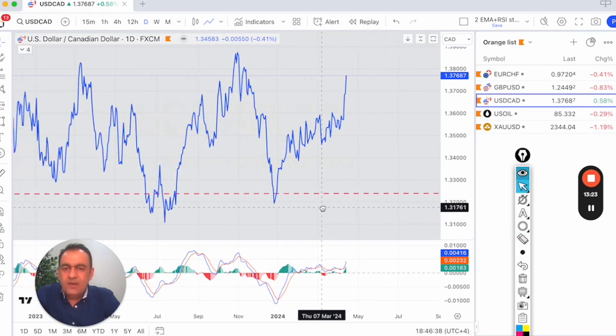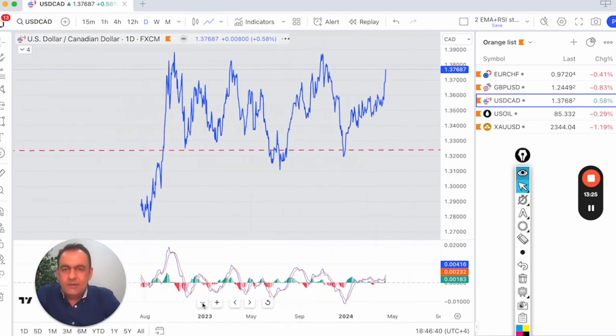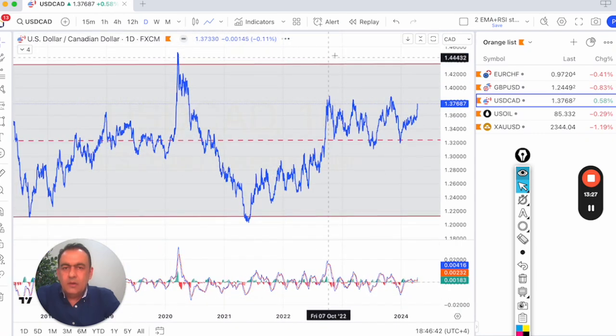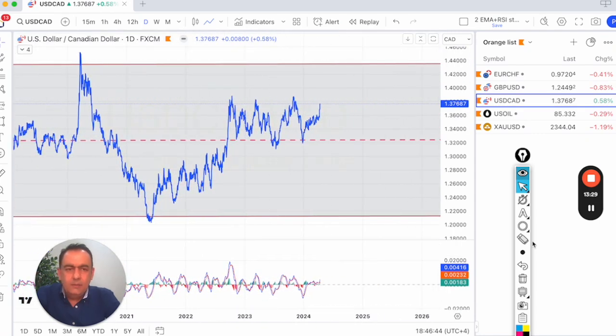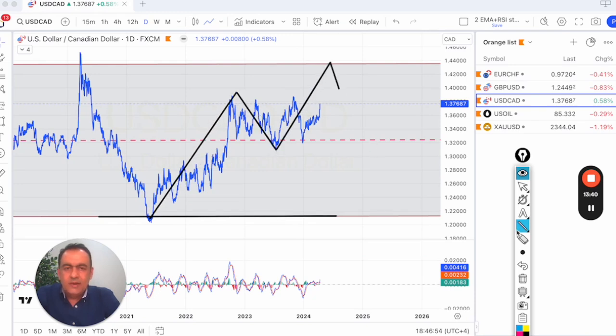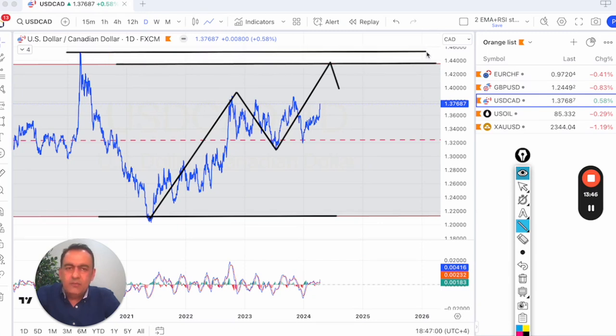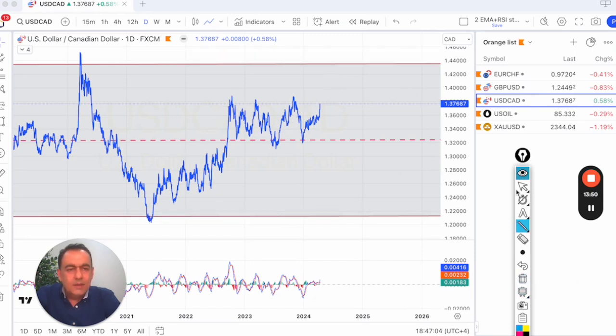So the plan remains bullish, and usually when the market is consolidating in a sideways channel, the run is from boundary to boundary. This is the lower boundary, and we can expect the run to be completed at the top of the boundary, somewhere around 1.4400, or we can also expect 1.4500. So this is the ultimate target for dollar CAD in the longer run.